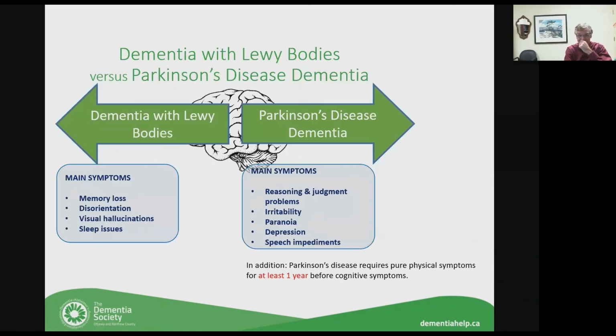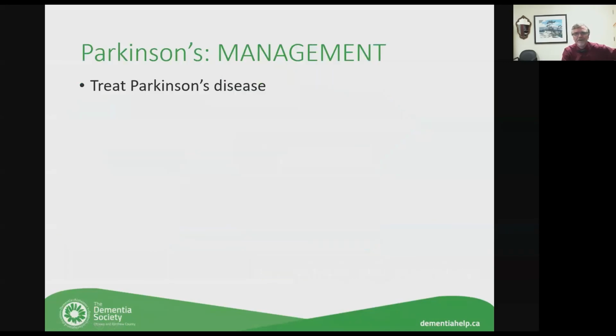And again, to show the two side by side, in Lewy body dementia, we start with the hallucinations, the sleep issues, and then later get physical symptoms. Whereas in Parkinson's disease, it starts off with the physical symptoms, and then you get some of these reasoning and judgment type symptoms.